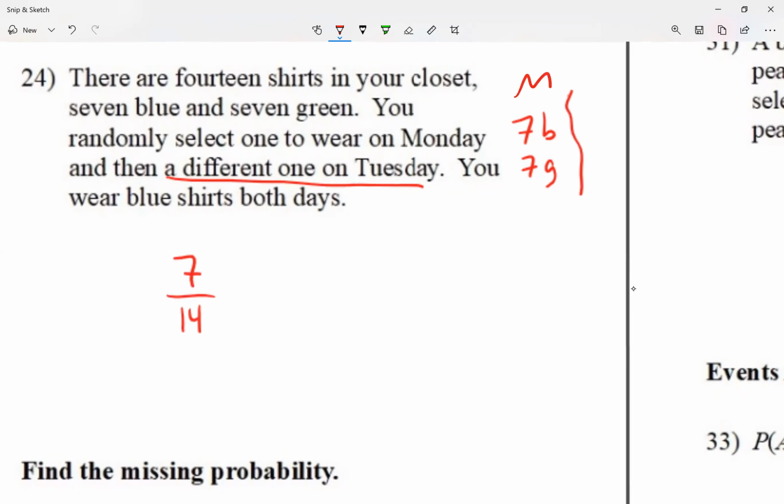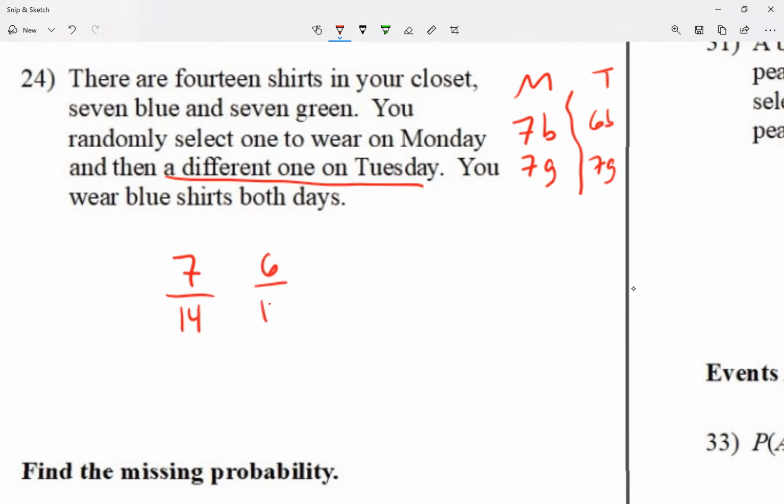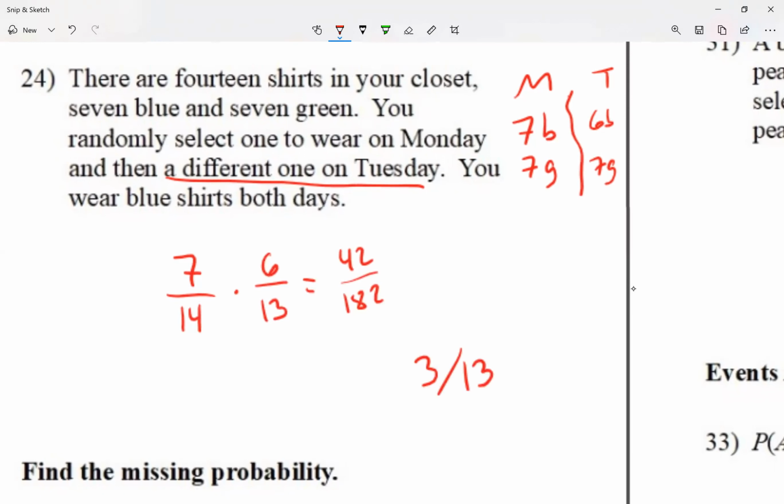So for Tuesday, there's 6 blue and 7 green because I choose a different one. I have to wear a blue shirt as well. There's 6 out of 13. When I multiply this out, I get 42 over 182, which simplifies. Let me divide each by 14. This is going to simplify to 3 over 13.